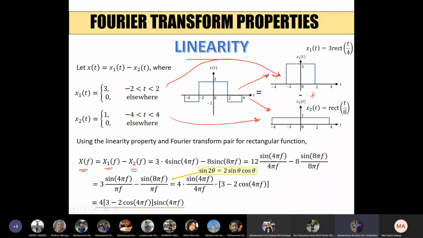Dia tambah tolak. this one actually tolak because it's 3 and 1. So basically this one actually this. Dia bottom part yang tu lah. Patut macam tu. Okay. So that's why dia tulis tolak.